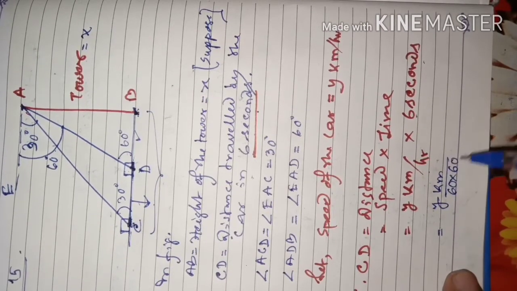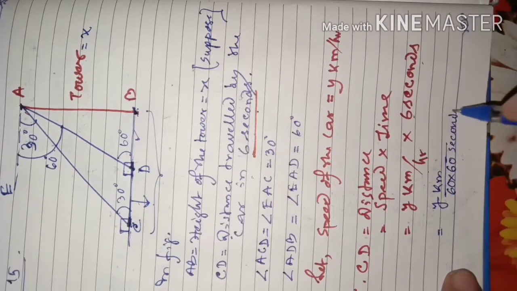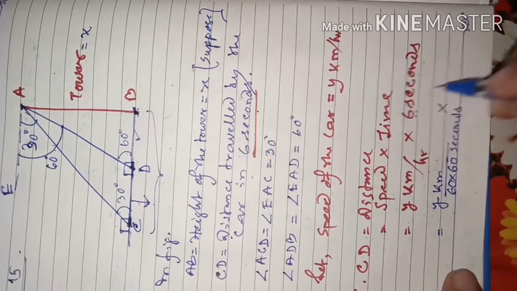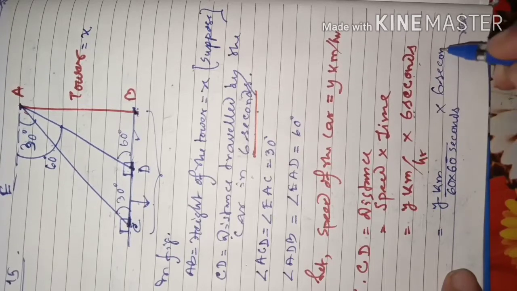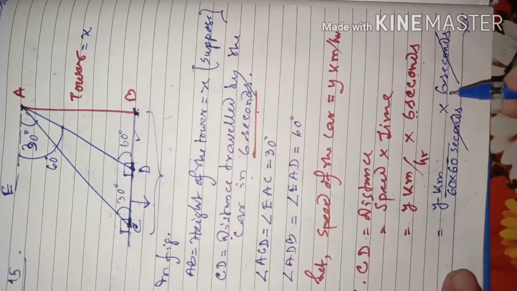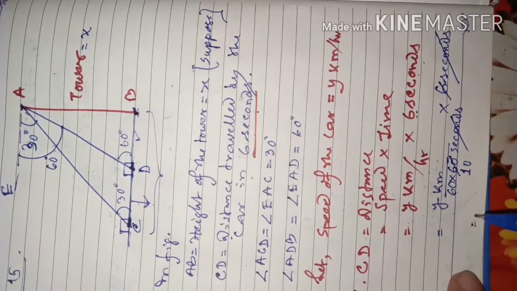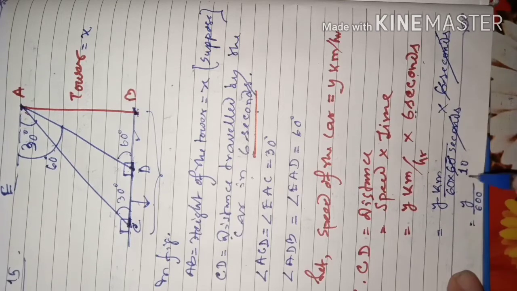So you can write in seconds like this, 60 into 60 seconds, multiplied by this 6 seconds. So the seconds word cancelled. 6 divides 60 10 times. So here what you'll get, y by 60 into 10, 600, y by 600 kilometer. So the CD distance is y divided by 600 kilometer.